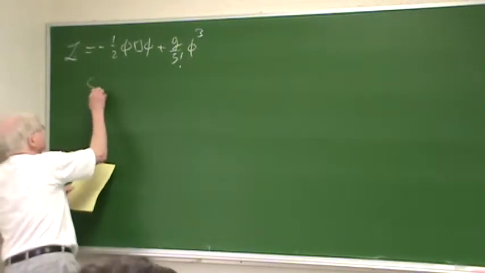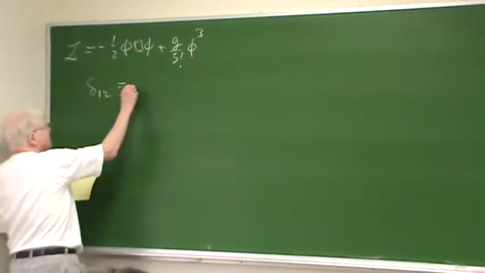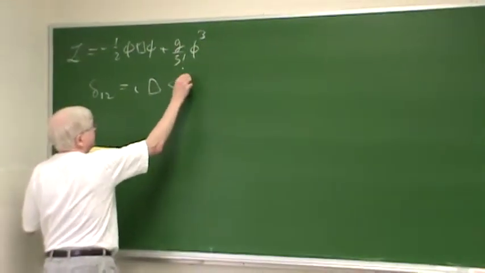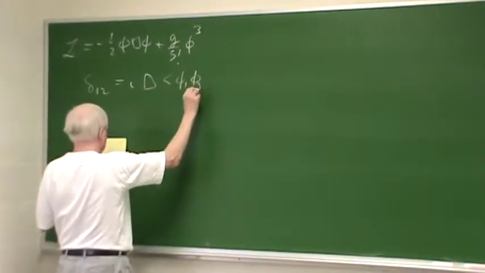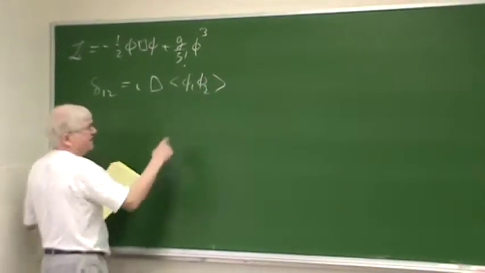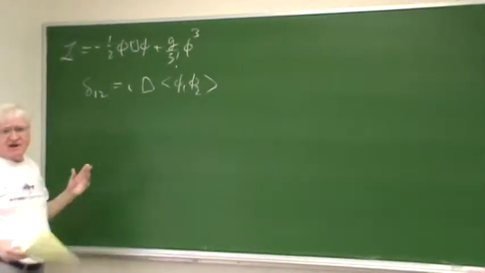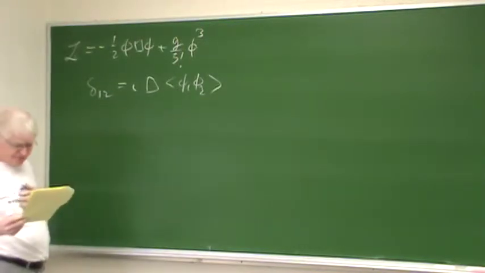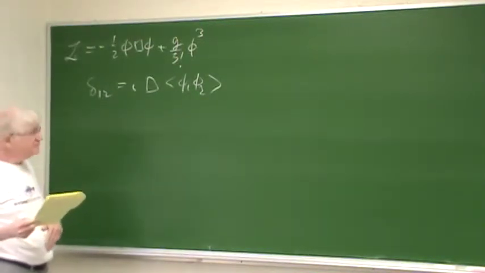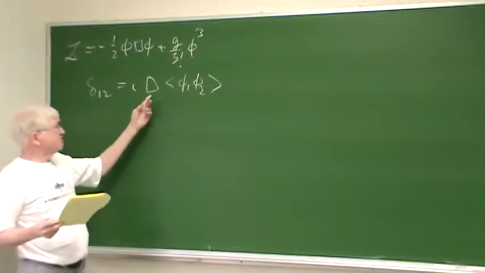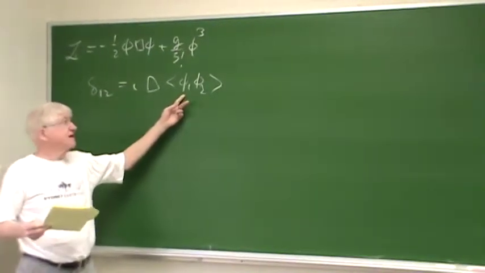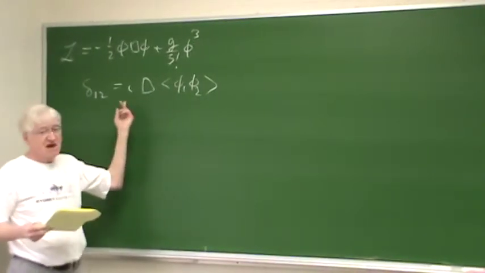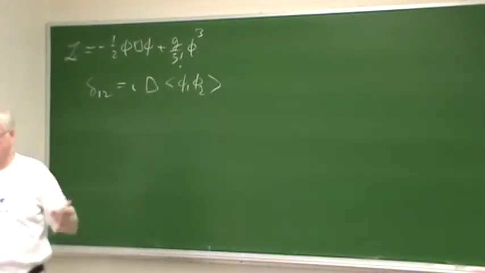Now we've seen that Delta(1,2) is i box_1 on <phi_1 phi_2>. <phi_1 phi_2> means the mean value in the vacuum of the time-ordered product of phi of x1, phi of x2. And what happens is when box hits this, you get minus i times the delta function. i times minus i gives you 1.